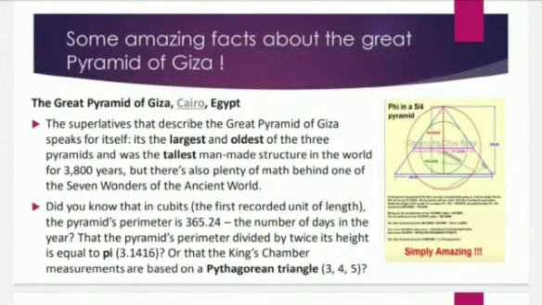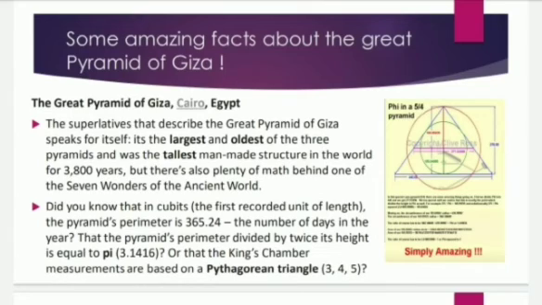Now, we have some amazing facts about the Great Pyramid of Giza. The superlatives that describe the Great Pyramid of Giza speak for themselves. It's the largest and oldest of the 3 pyramids and was the tallest man-made structure in the world for 3,800 years. But there's also plenty of math behind one of the 7 wonders of the ancient world.